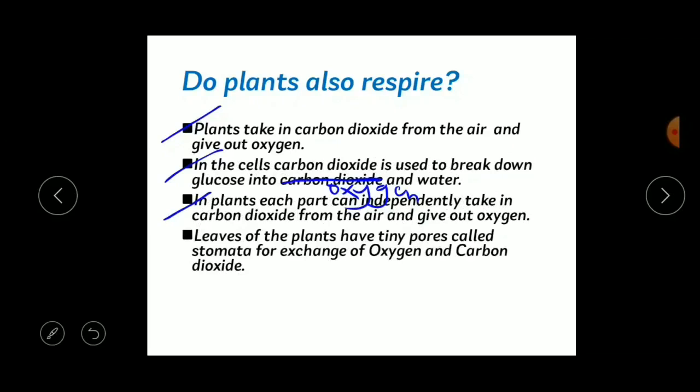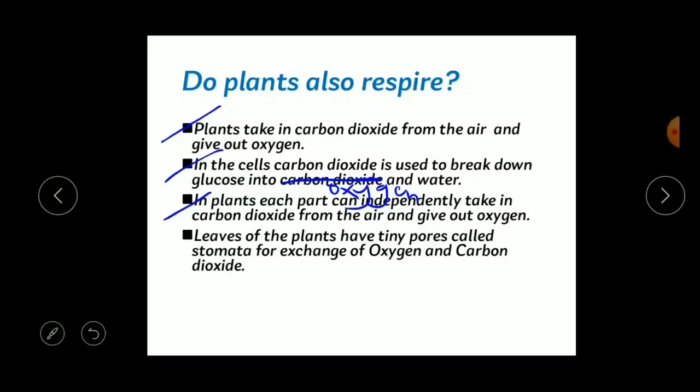In plants, each part can independently take in carbon dioxide from the air and give out oxygen by its own.